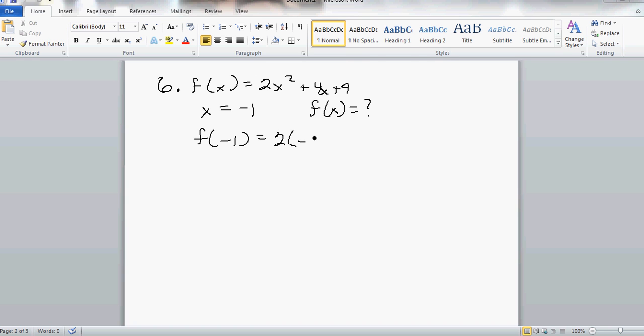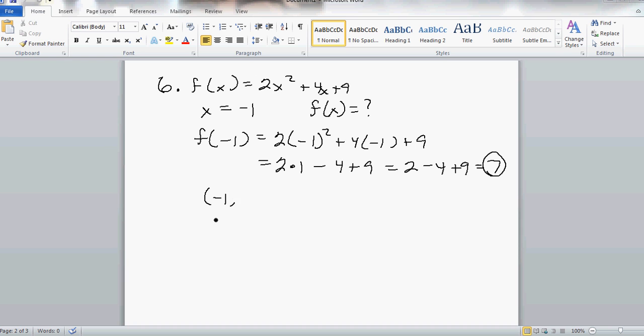So 2 times (-1) squared plus 4 times -1 plus 9 equals 2 times 1 minus 4 plus 9, equals 2 minus 4 plus 9, equals 7. And so to answer the question, what is f of x? That is 7. Then it asks, what point is on the graph? Well, I've got an x value. My x value is -1, and the corresponding y value whenever I plug in -1 is 7. And so (-1, 7) would be a point on that particular graph.